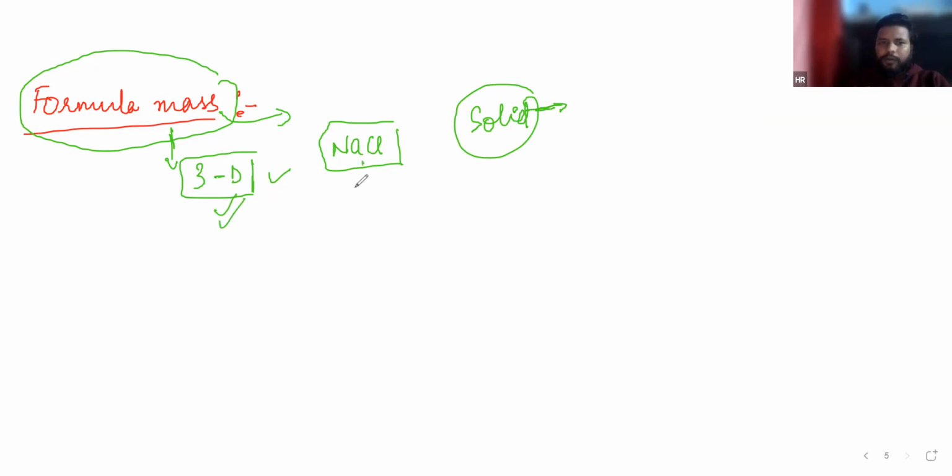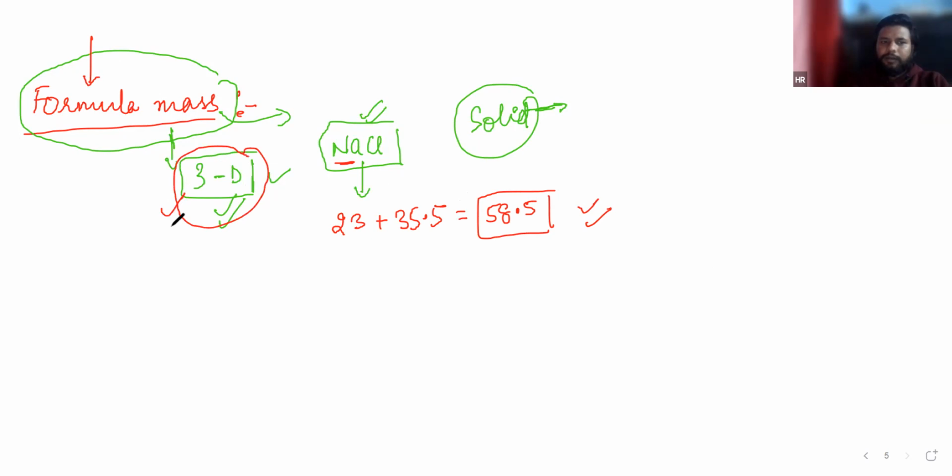For the formula mass of NaCl, we do as we did in molecular mass. Mass of sodium is 23 plus mass of chlorine is 35.5, that will be equal to 58.5. So mathematically they are equal, but the term formula mass is used for the compound which exists in 3D. Got it?